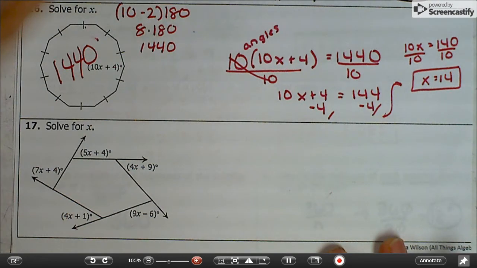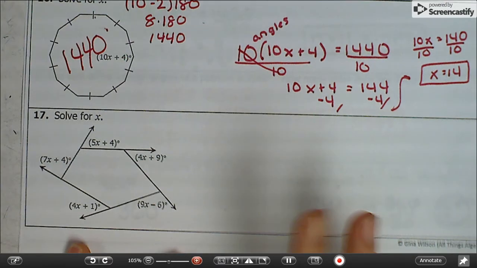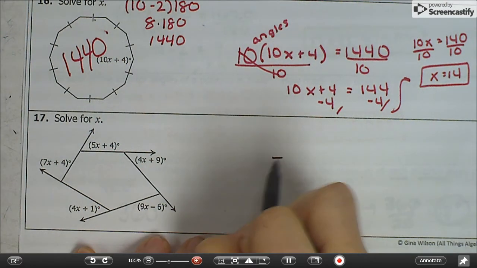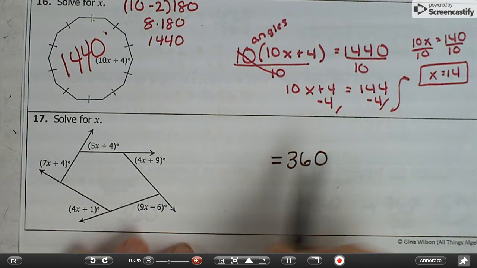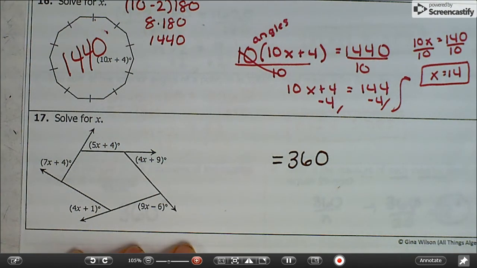all the other problems have been interior angles. This time we have exterior angles. The sum of the exterior angles is always 360. So we're just going to add all of these together and set them equal to 360.